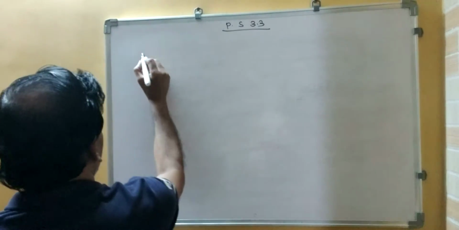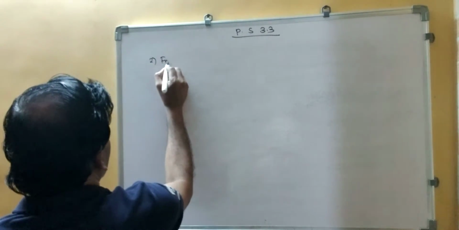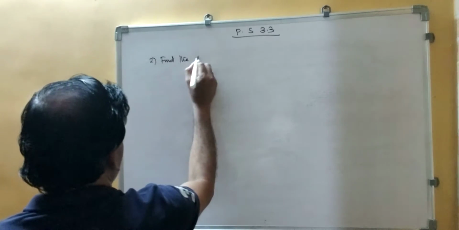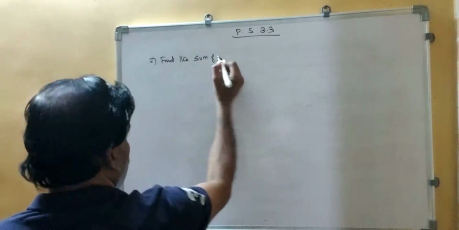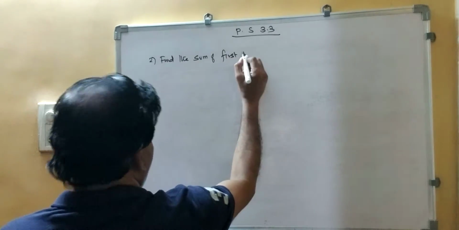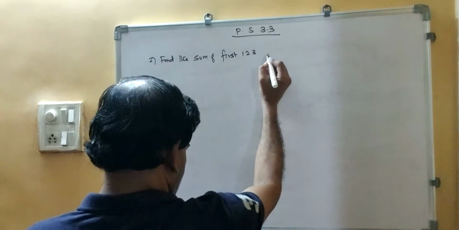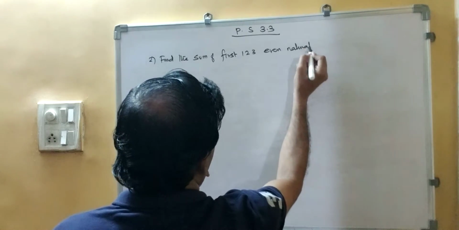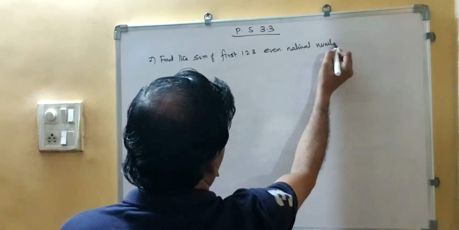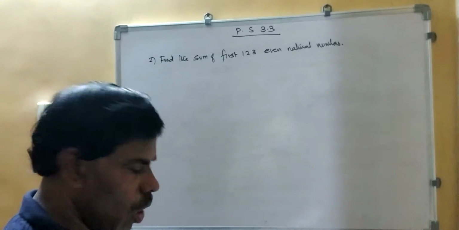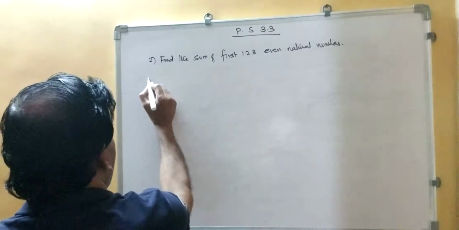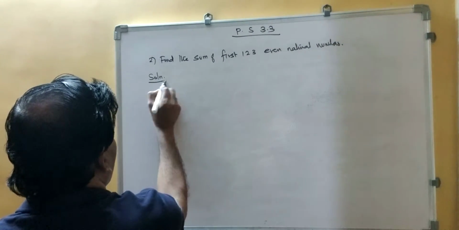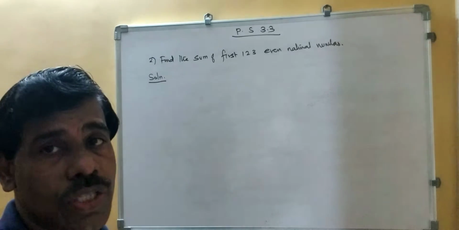Find the sum of the first 123 even natural numbers. Now here very carefully you have to listen. Find the sum of first 123 even natural numbers.